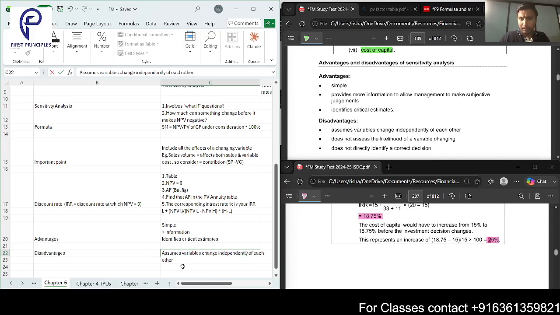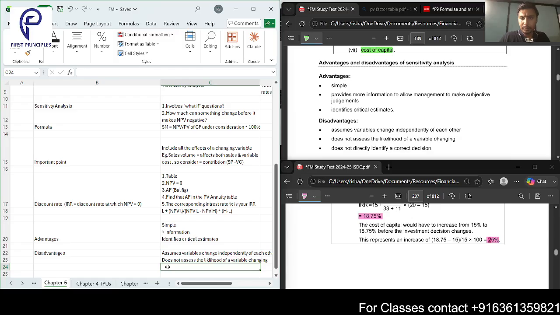Second, it does not assess the likelihood of a variable changing.